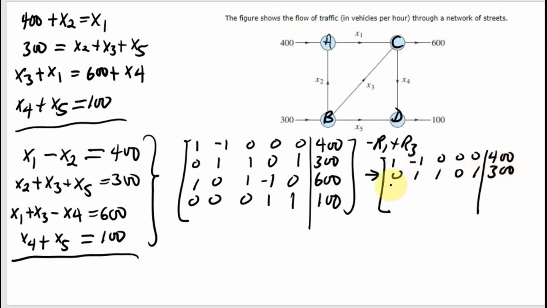Your time is precious as well, and I need to understand that. So negative times this negative 1 is 1 plus 0 is 1. 0 plus 1 is 1. That's just negative 1 and 0, and this is 200. Okay, now rewrite that last row.